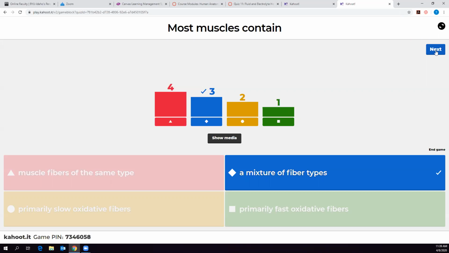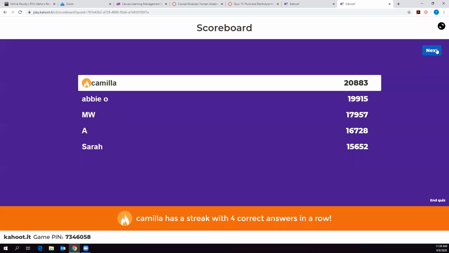However, muscles that have to produce a great amount of force in a short period of time, like in our legs, are going to have some more fast glycolytic. It depends on what part of our legs though. Some muscles in our arms and chest will also have more fast glycolytic, but all of them have all three. Okay. All right.